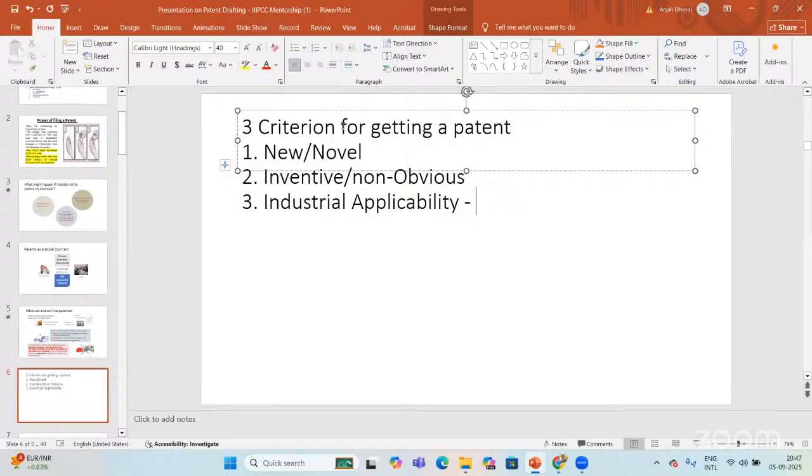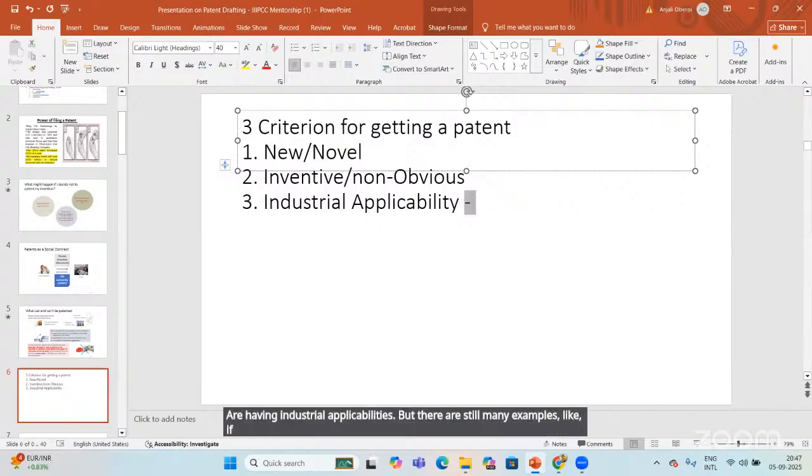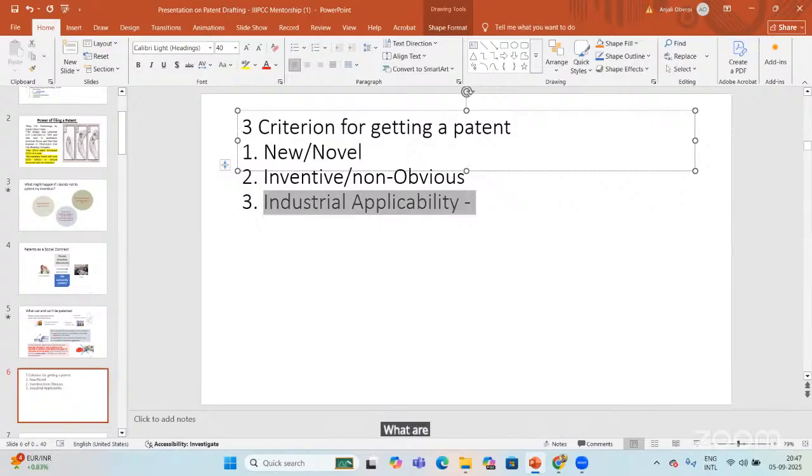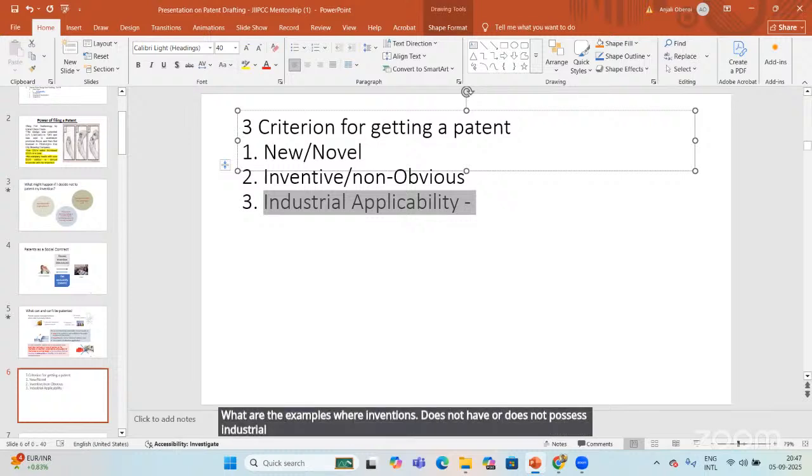Thank you, sir. Almost all things, excluding very few, have industrial applicability. But there are still many examples. If you search on Google for examples where inventions do not possess industrial applicability, you will get an idea.